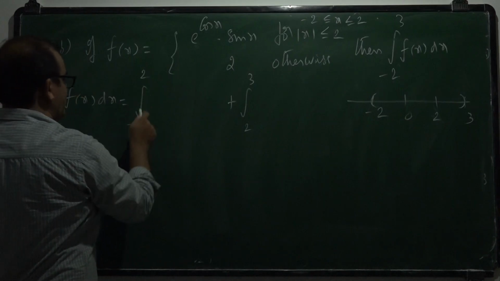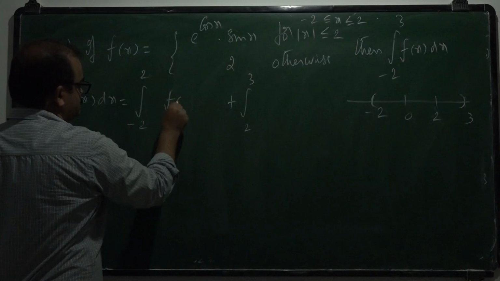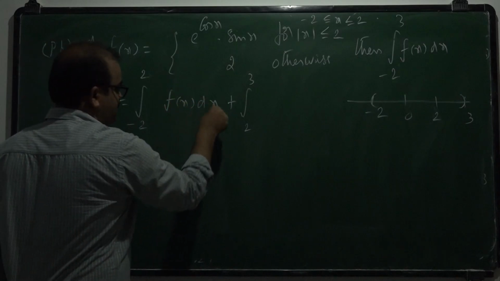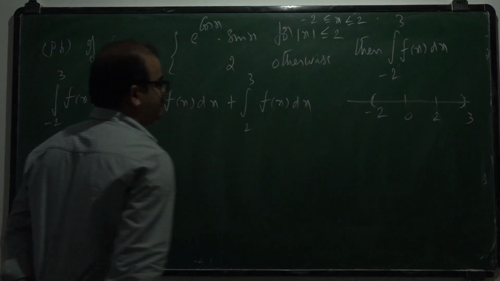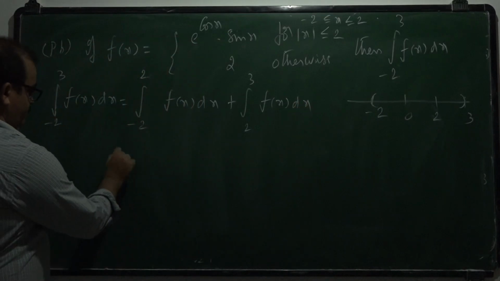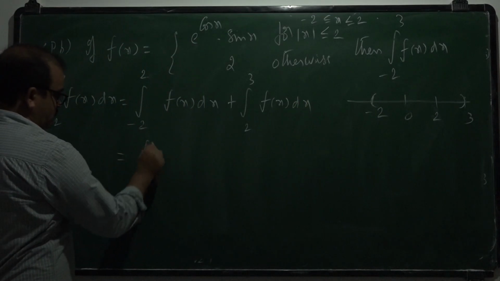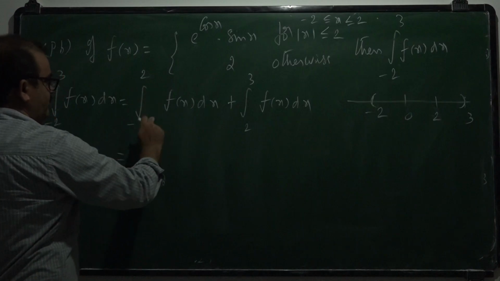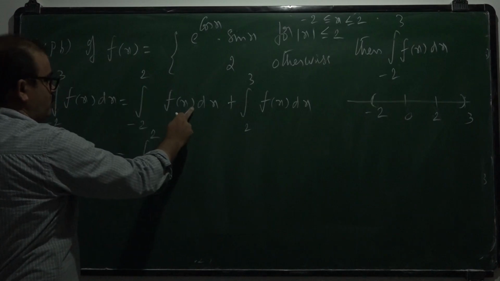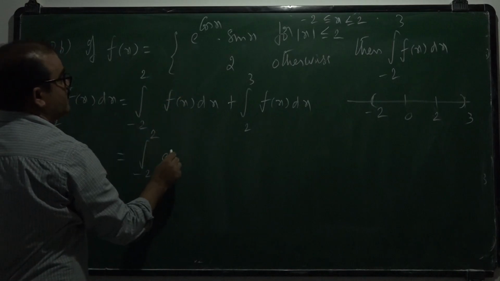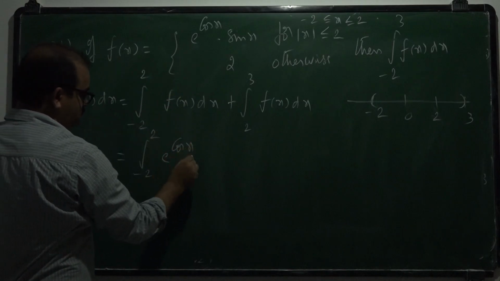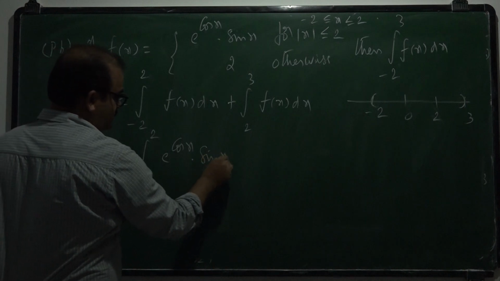In the interval minus 2 to plus 2, what is f of x? f of x is e power cos x into sin x.